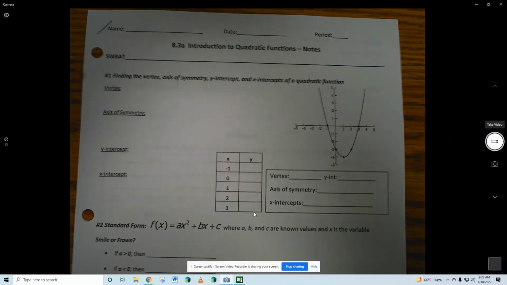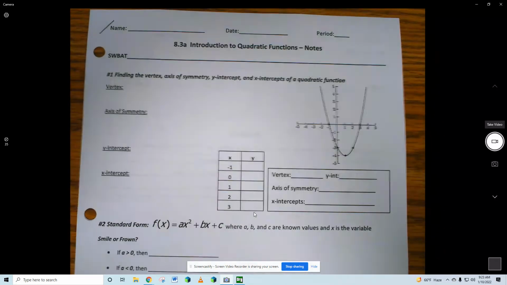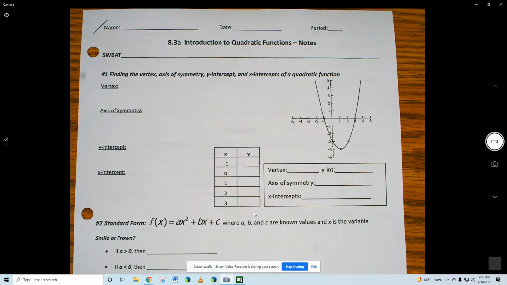All right, good morning. This is algebra. We are in chapter 8. We have previously talked about the a, which is the number after the equal sign, the whole number. It could be a fraction, and whether it makes my parabola skinnier or fatter.